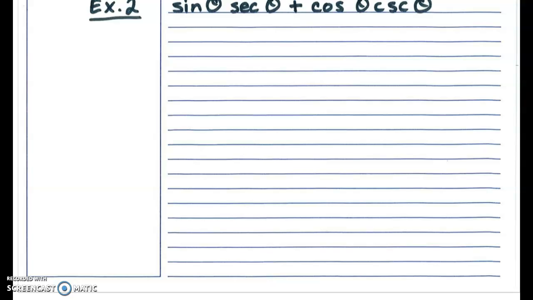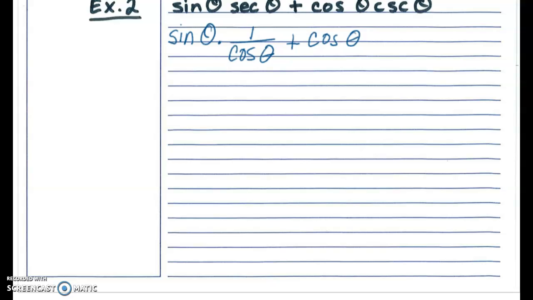So our next one, remember a first good strategy is to change anything you can to sine or cosine. Do we know anything about secant? I'm just looking at my reciprocal identities. I see that it could be written as 1 over cosine. So sine of theta, remember it's just an angle, doesn't matter, would be multiplied by 1 over cosine, plus cosine theta.